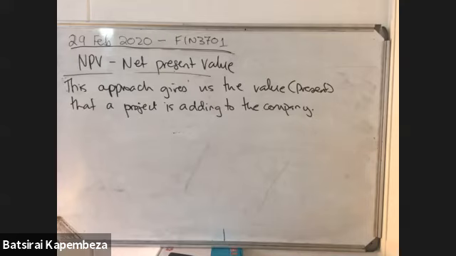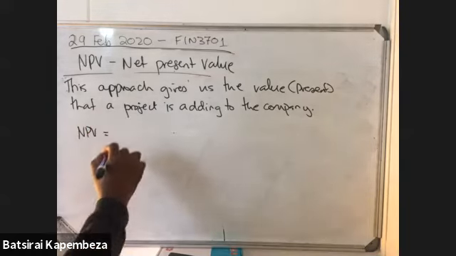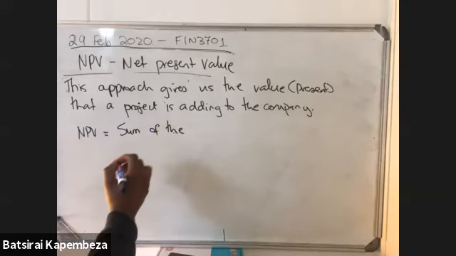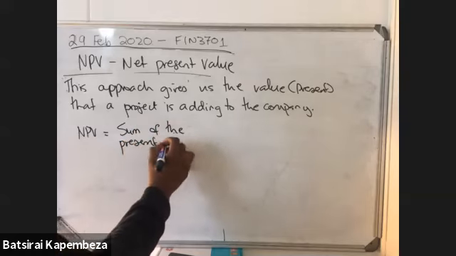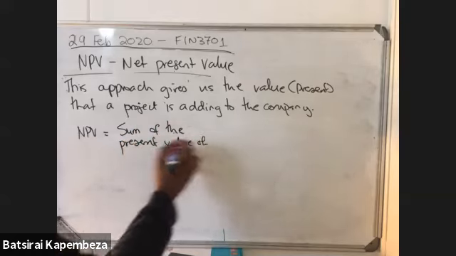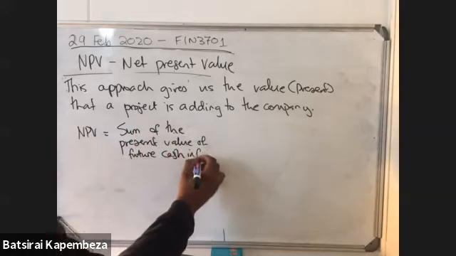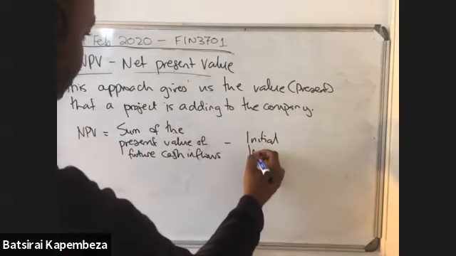When your financial calculator is doing this calculation for NPV, when you punch in your numbers, your calculator is summing the present value of future cash inflows minus the initial investment.